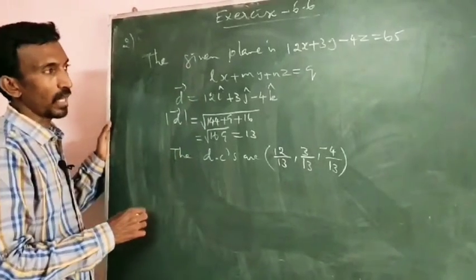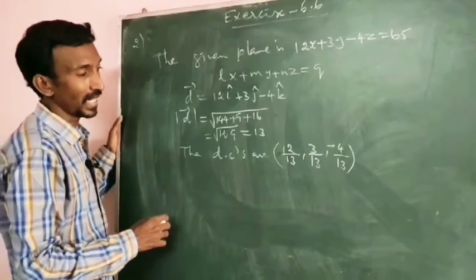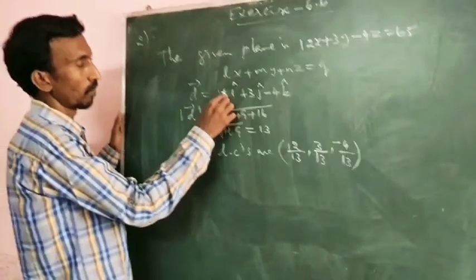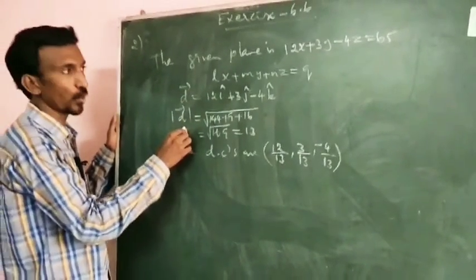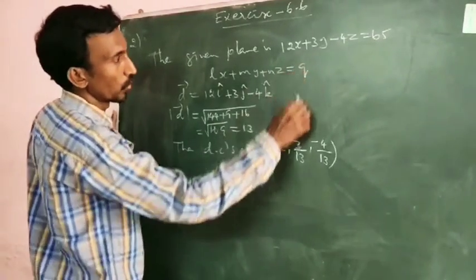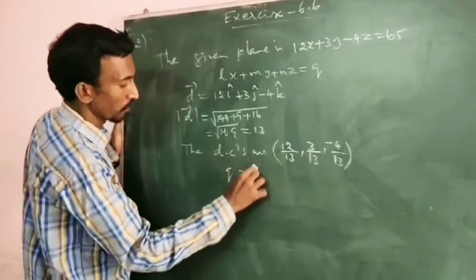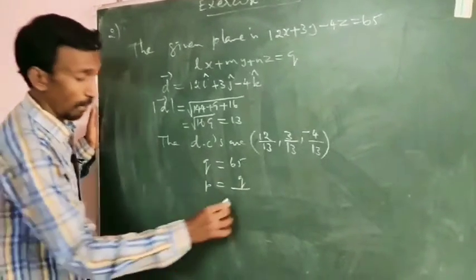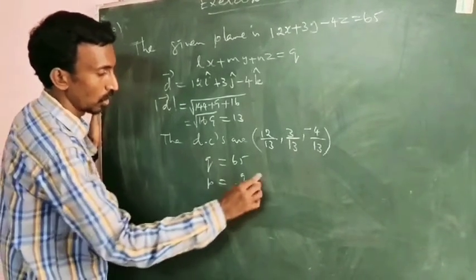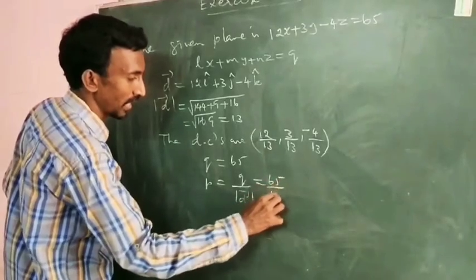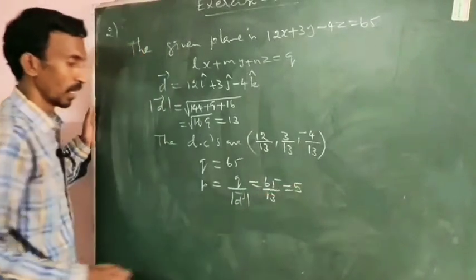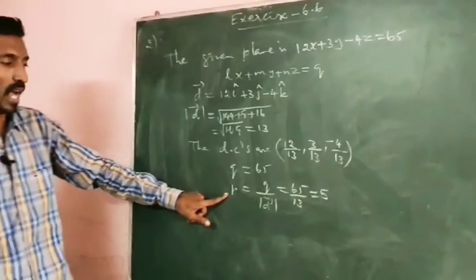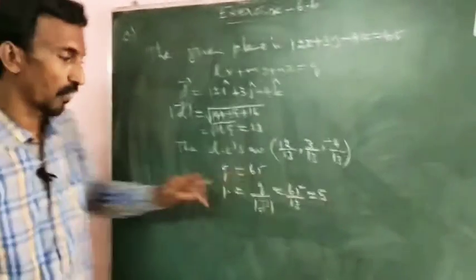The formula is r dot d cap equal to p. Here d cap equal to d vector by its magnitude. So q equal to 65, p equal to q by magnitude of d. So 65 by 13, we are getting 5. This is the answer for the second question: perpendicular distance from the origin to the plane, p equal to 5.